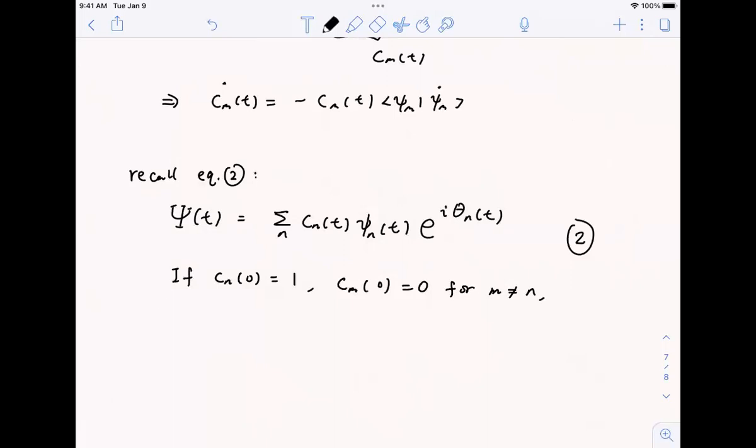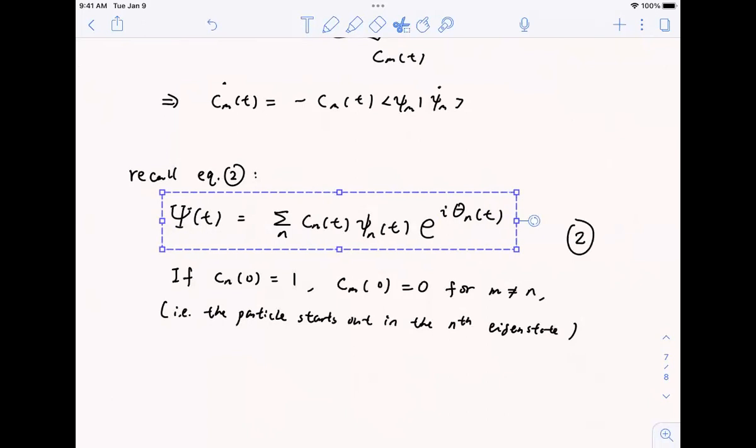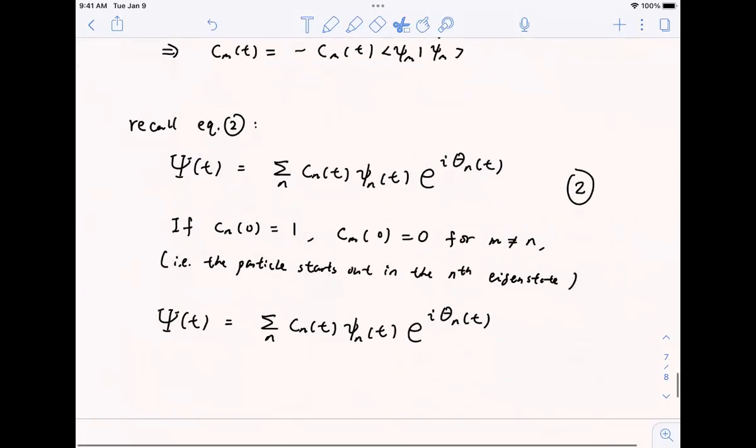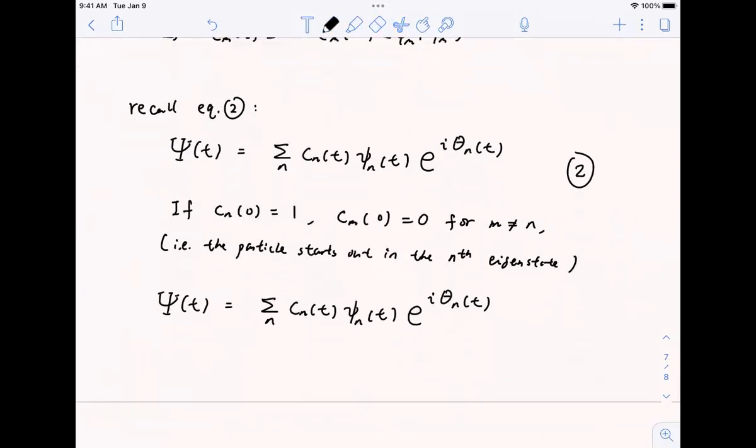That means the particle starts out in the nth eigenstate. If the particle starts in the nth eigenstate, then initially it will be just in n. So you just type it as n, and then you just remove this.